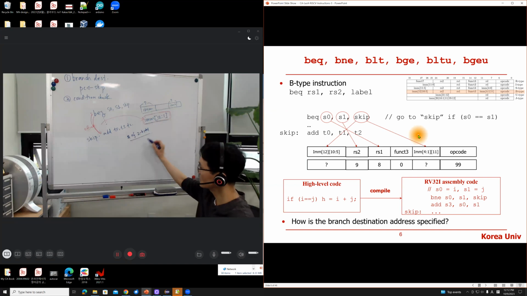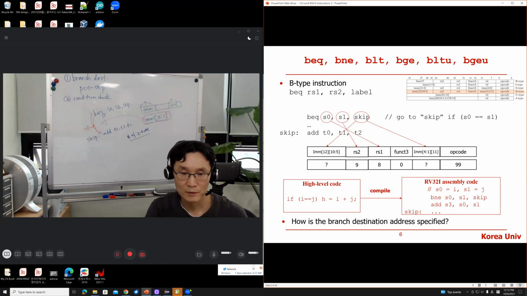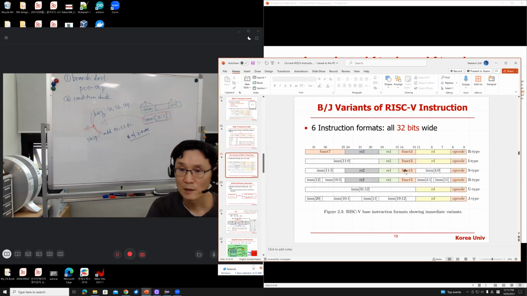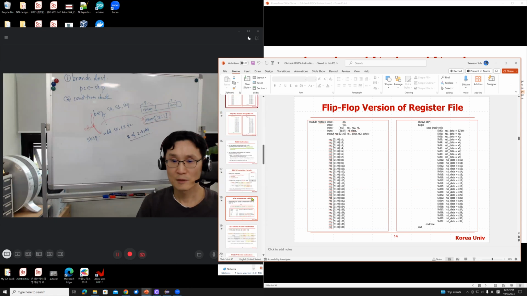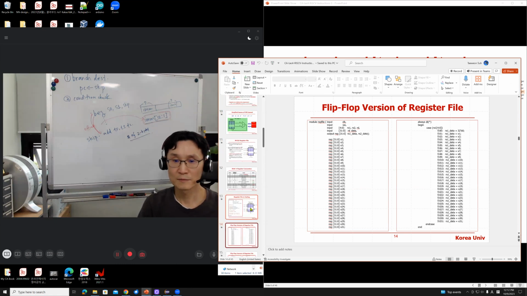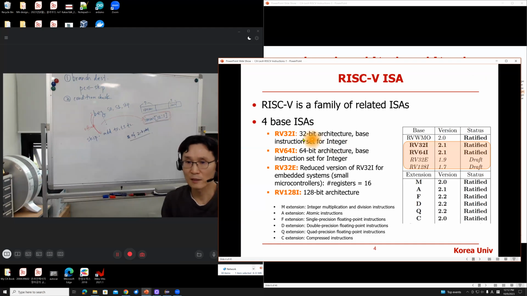Why the number of 2 bytes? If you remember this slide, RISC-V is providing this base instruction. This base instruction is mandatory, and then depending on your needs, you can add instruction extensions, like the M extension.